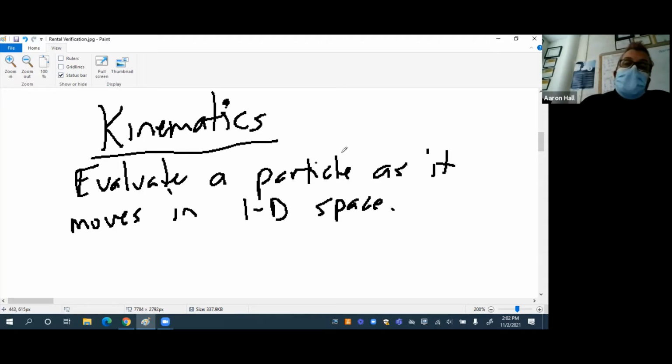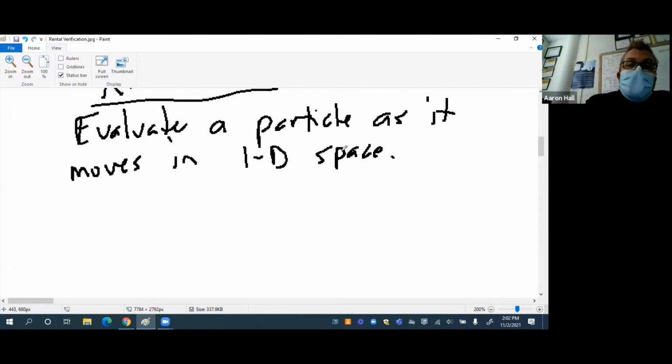Now let's consider, when we talk about a position function, let's see if I can think of the best way to do this.